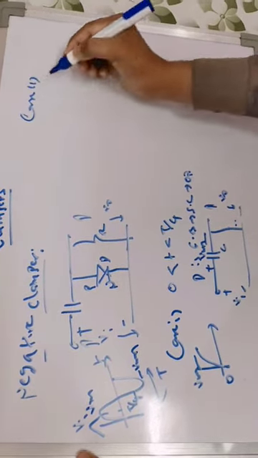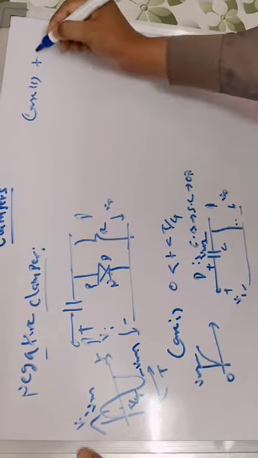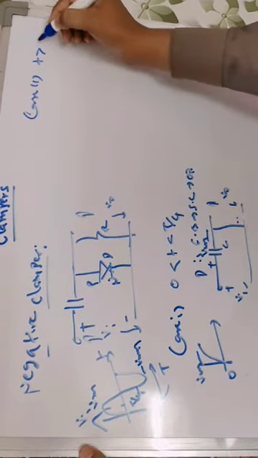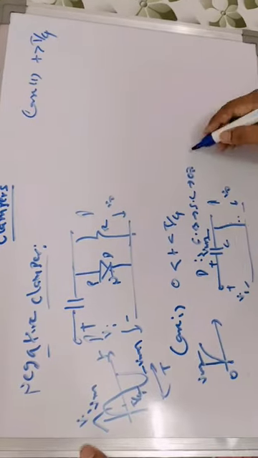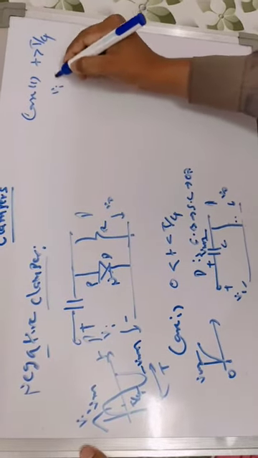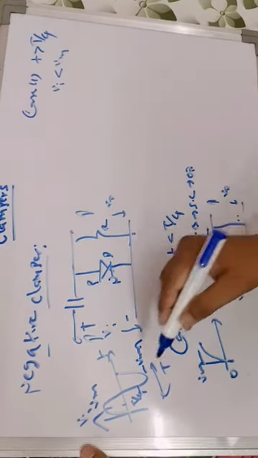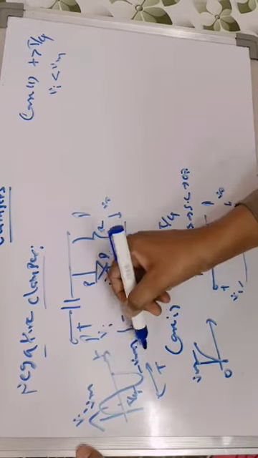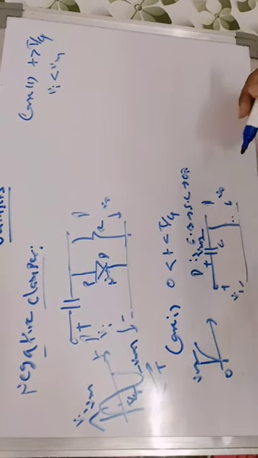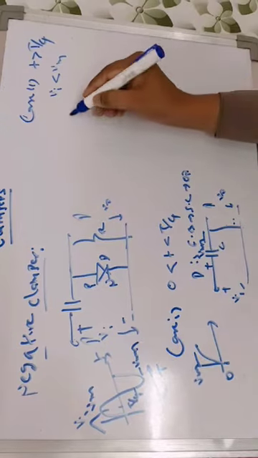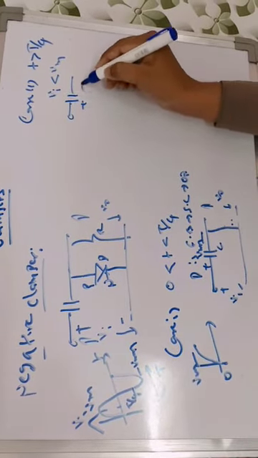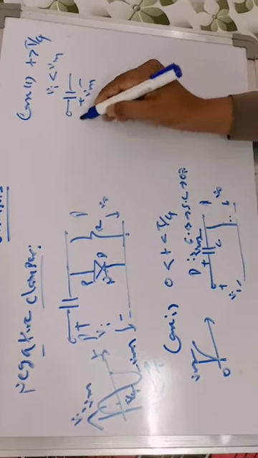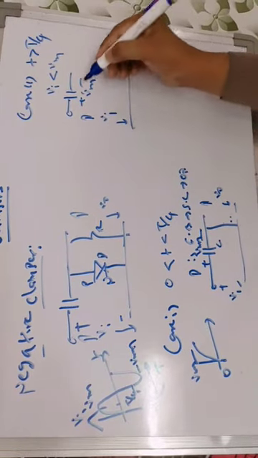Case 2: when the time is greater than T by 4. For this case the input voltage is less than Vm, because the input voltage is declining from Vm to minus Vm. The capacitor has already been charged to the voltage Vm, and the input is now less than this Vm.